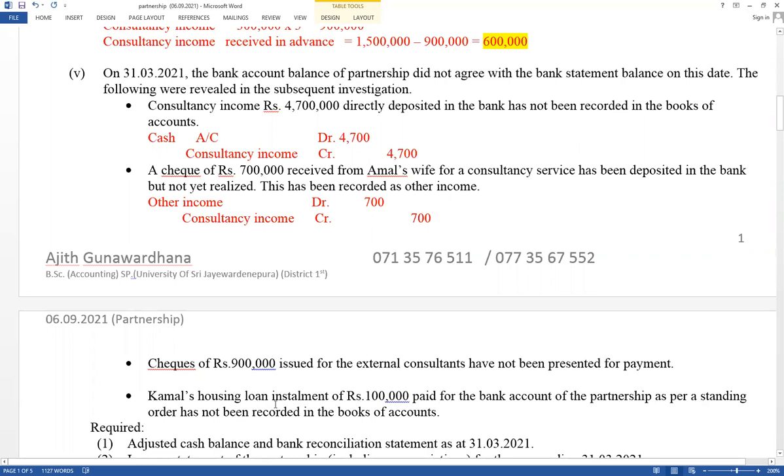If it has been paid in cash of the business, based on entity concepts, it should be considered as drawings. Therefore, the housing loan installment should be recorded in partners' current accounts. Therefore, cash account credit, paid in cash, but that value cannot be considered as an expense of the business.